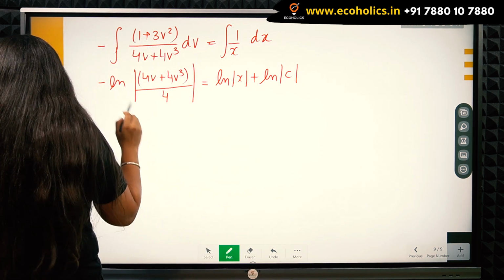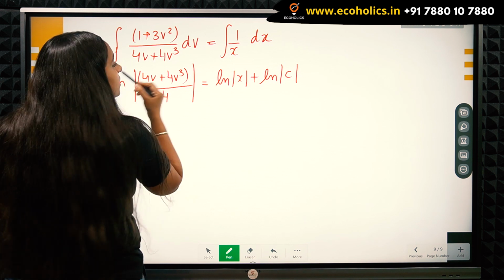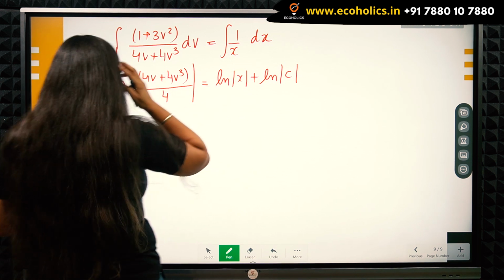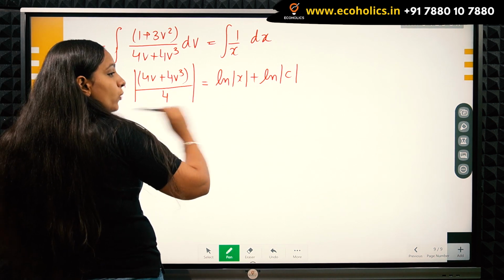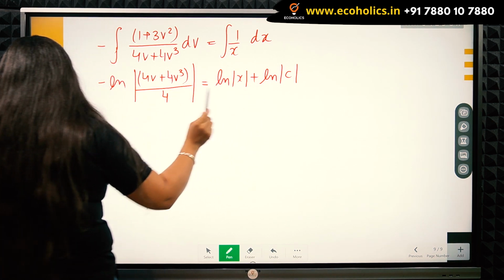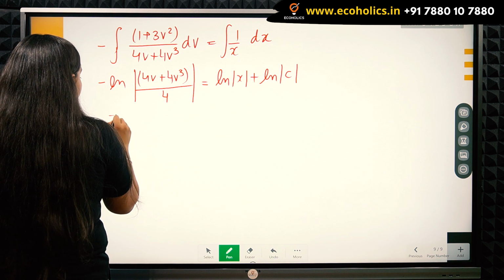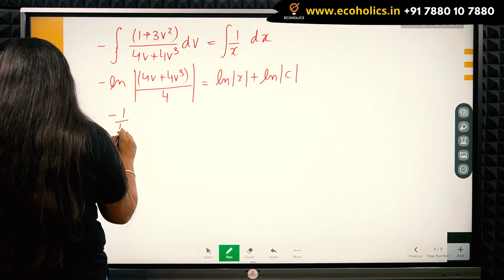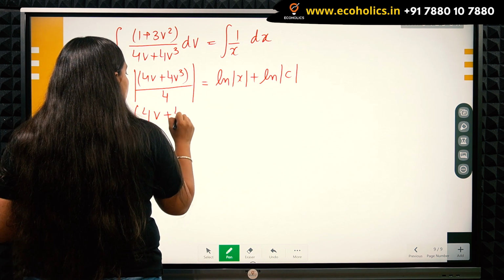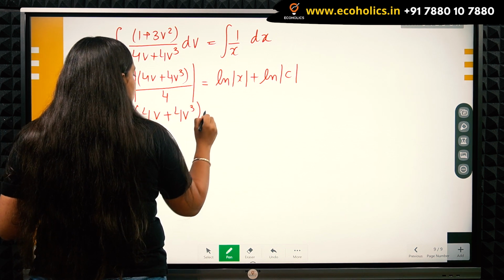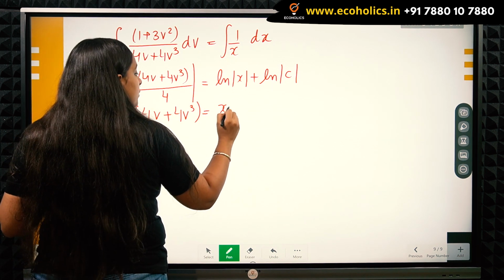Getting to this thing, the next task is just to let this log go off. So I will just write this equation without log now. So it will get cancelled out. I will get minus 1 by 4 into 4v plus 4v cube equals to x into c.